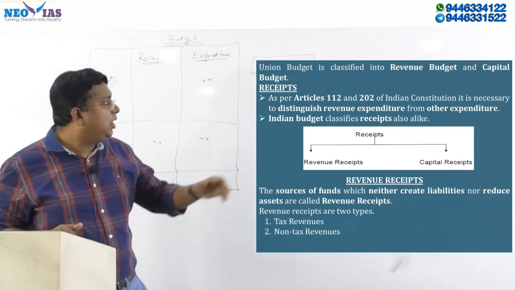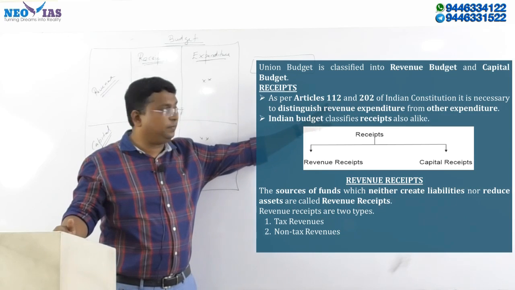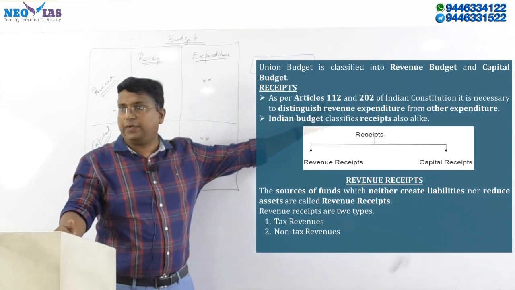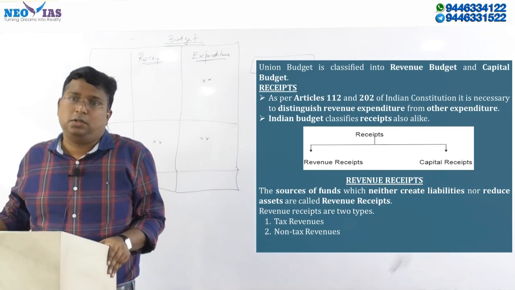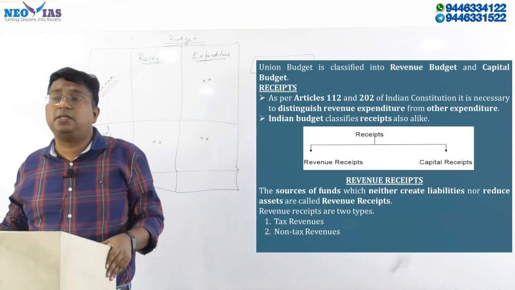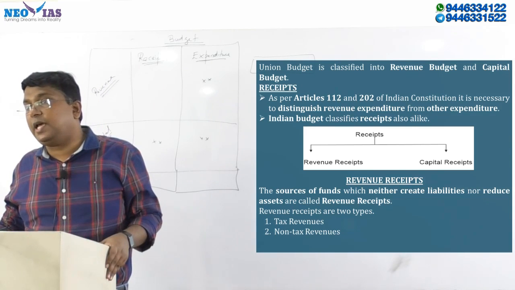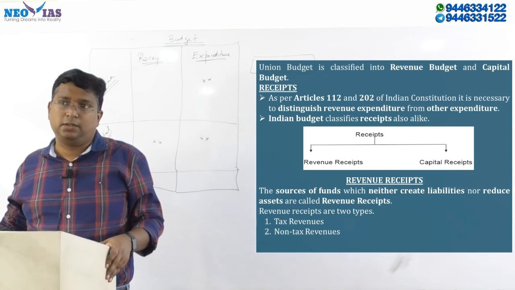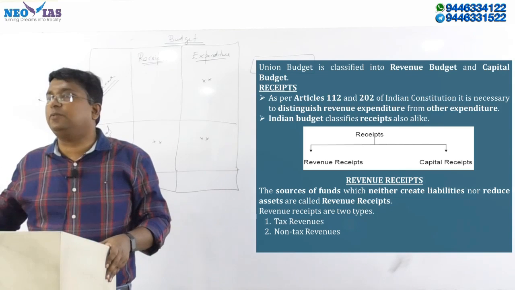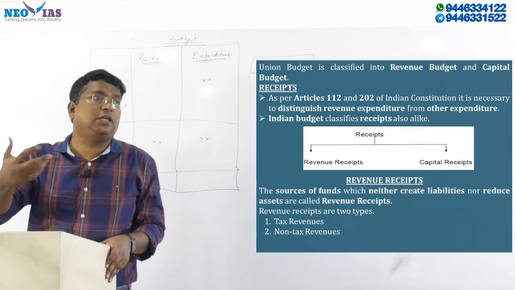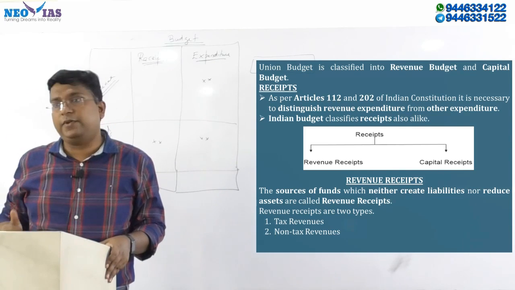Article 112 of the Indian constitution talks about the budget, but it does not mention the word budget; instead it uses the term annual financial statement. The term budget is not mentioned in the constitution, but in economics we use the word. Budget is mentioned through a different term: annual financial statement.